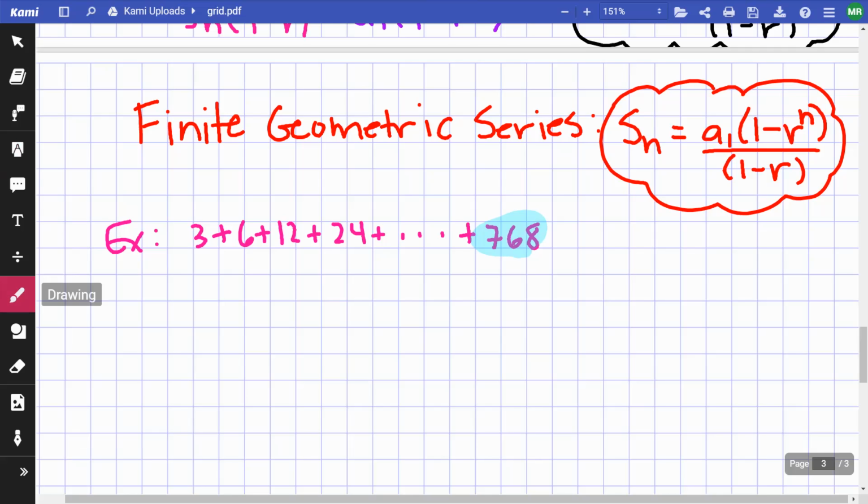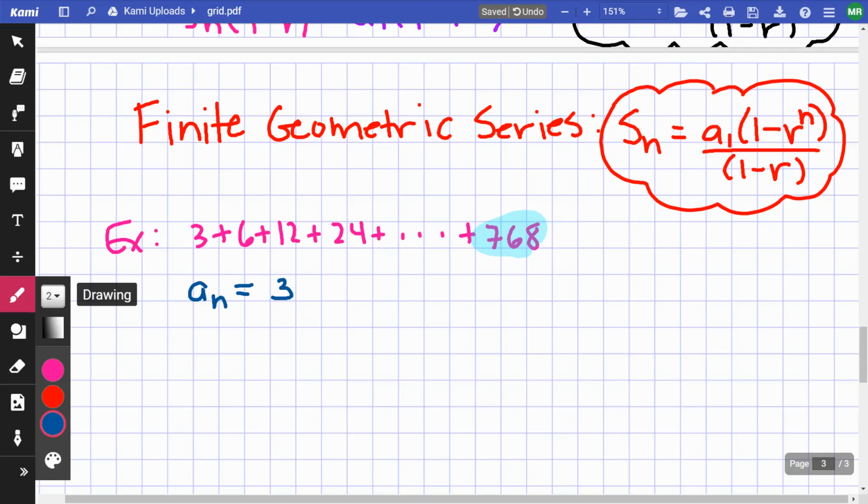So to find that term, I need to write a geometric sequence equation. So a sub n is equal to 3, which is my first term, times my multiplier, my common ratio 2, raised to the power n minus 1.